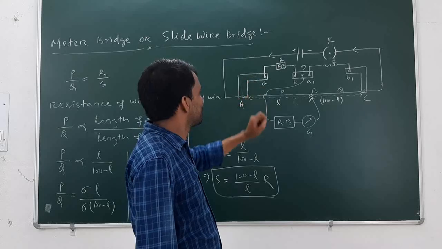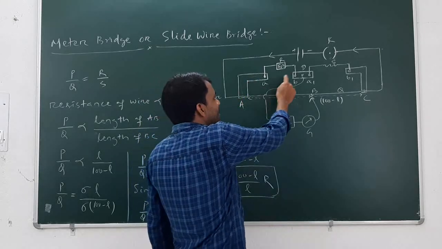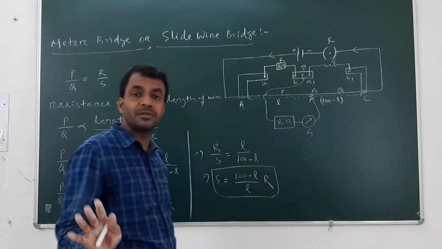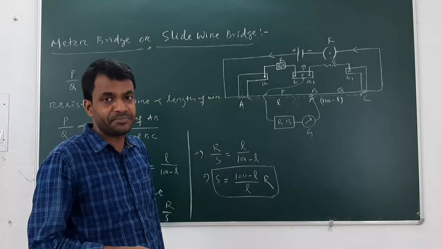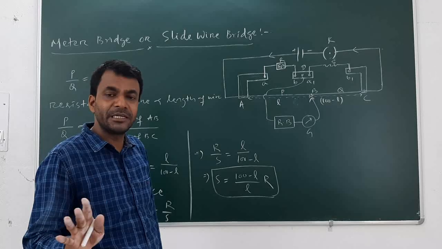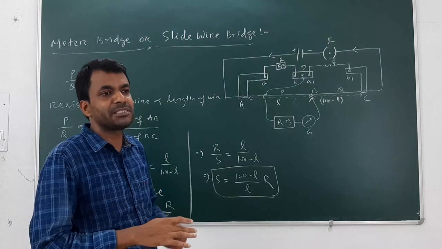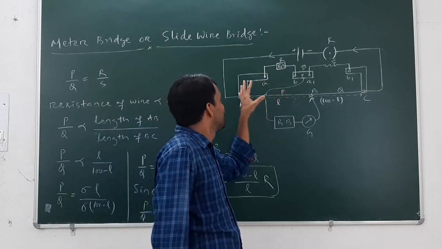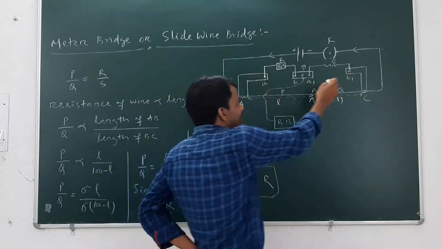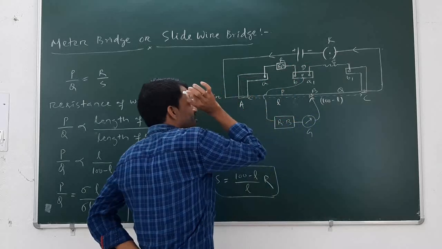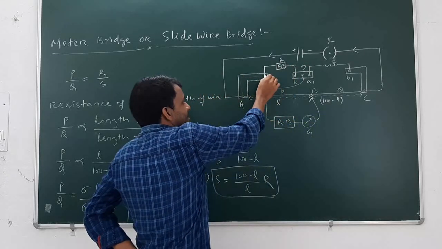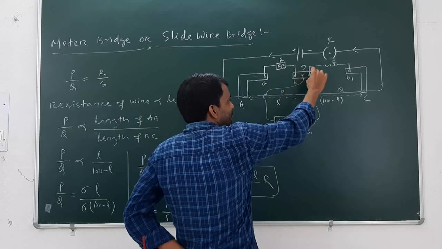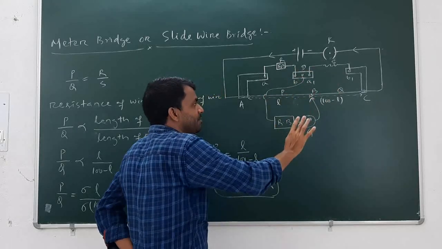Now this is the copper strip. Here are two terminals, small a and small b. Remember, the wire has a uniform cross section and a length of 1 meter; everywhere the area of cross section remains the same. Two L-shaped copper strips are fixed to terminals. This is A, and this is another copper strip, all fixed on a wooden board.